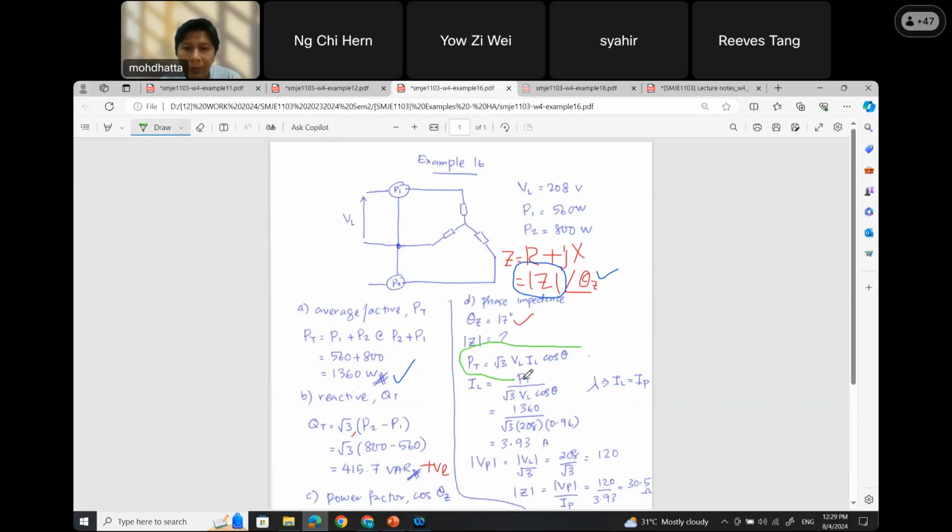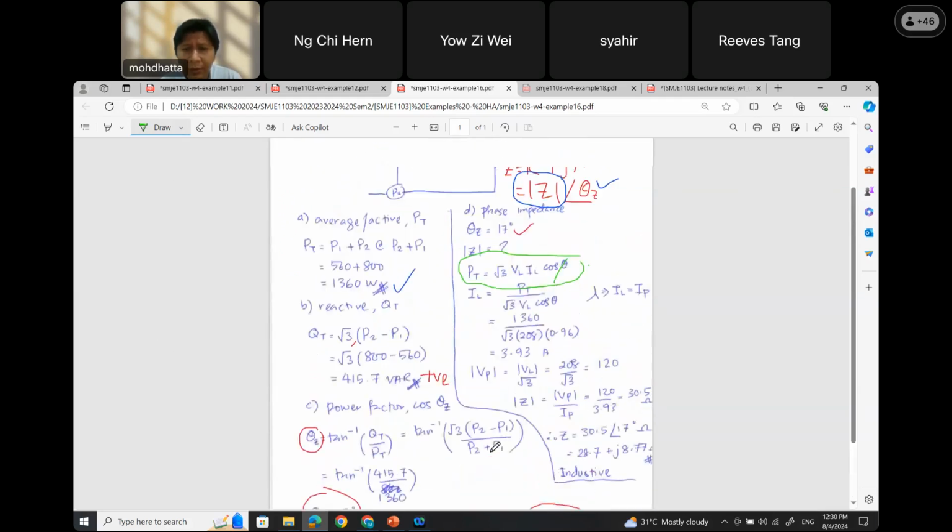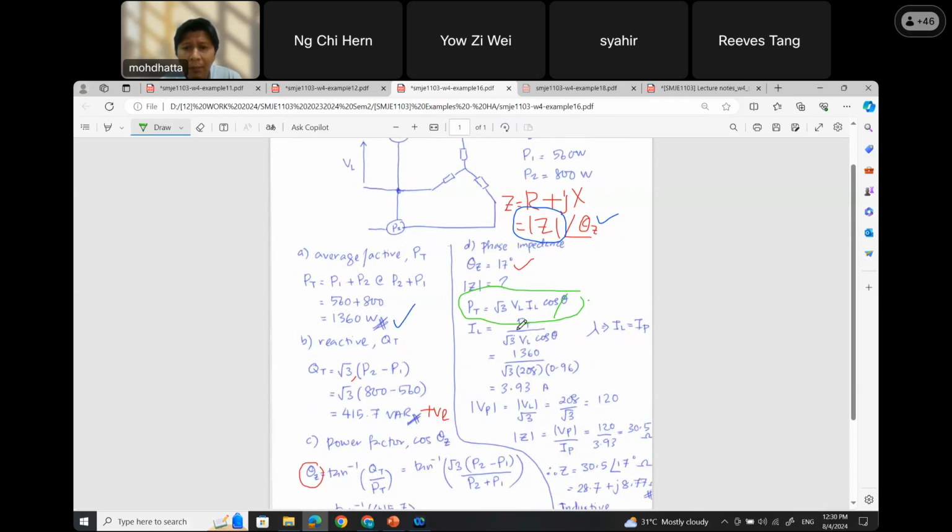P total equals 3 times VL times IL cos theta, which is 0.96 if I'm not mistaken. By rearranging this one, I will have my IL. And why do I want my IL?